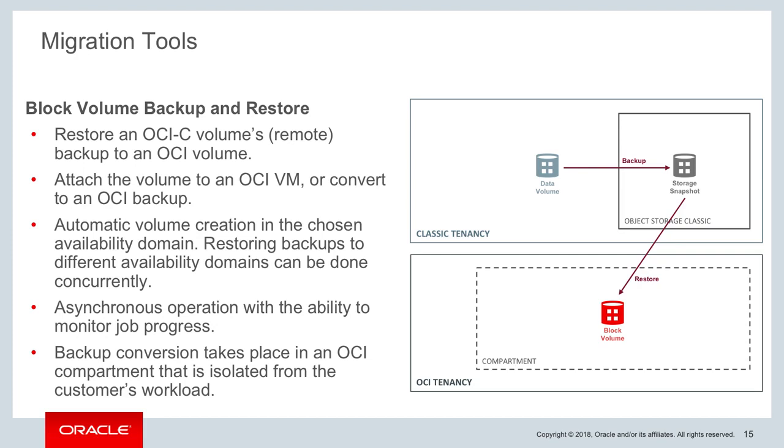Using this tool, you can restore an OCI Classic volume's backup to an OCI volume. Once this volume is available on OCI, you can attach that volume to an OCI VM or convert it to an OCI backup.